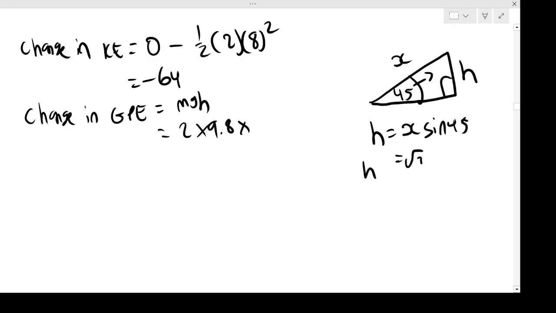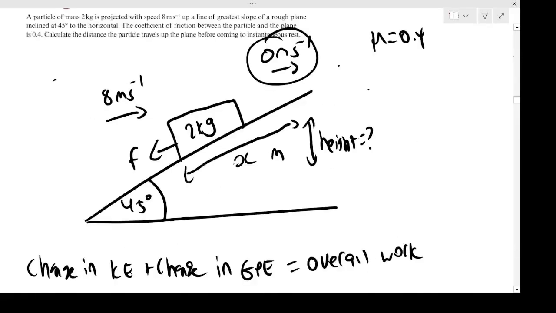So h is root 2 over 2 lots of x. If I simplify this, it's going to be 49 root 2 over 5 x. And that's going to be positive because we're going up the slope, right? We're going up, so it's positive because we're going up in height.